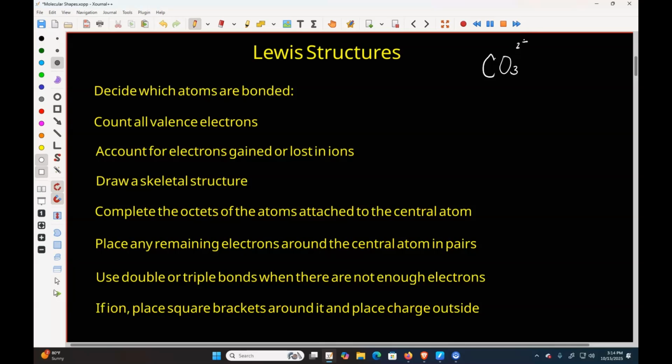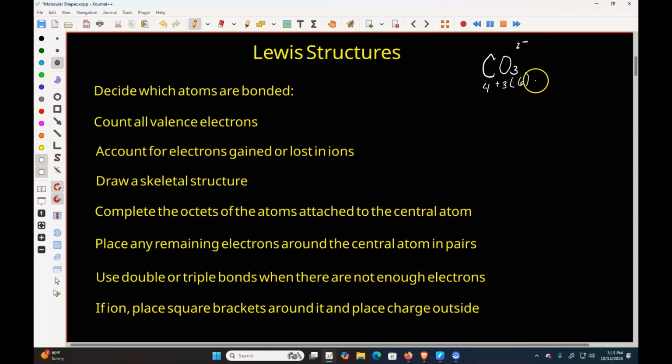Remember that the valence electrons are the electrons in the outermost shell, consisting primarily of S and P electrons. Carbon is in group 14, so it's going to have 4 electrons. I have 3 oxygens. Each oxygen will have 6 valence electrons.